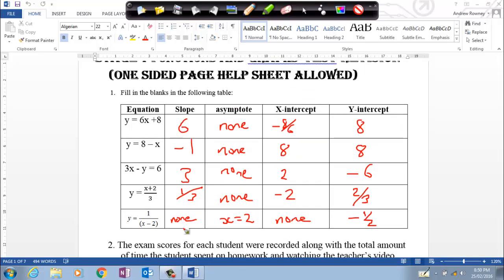This one has a slope which is constantly changing, because if we were to sketch this graph, the asymptote occurs at 2. There's 1, there's 2. There's your asymptote, because when x is 2, it's going to make the bottom 0, so this will be undefined, and that's why the asymptote here is the line x equals 2. And the graph of this would be a curved thing like that.